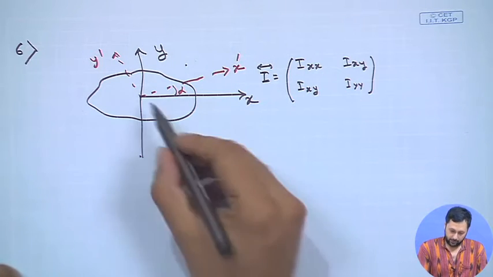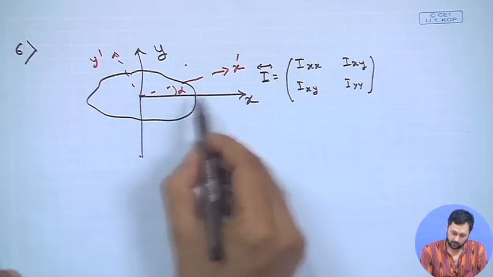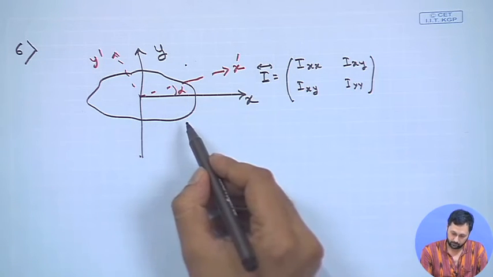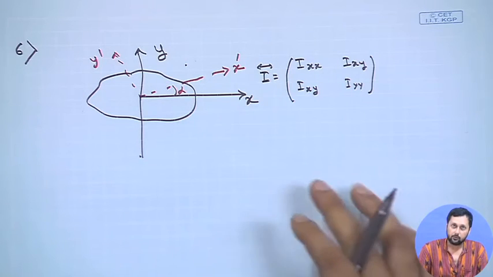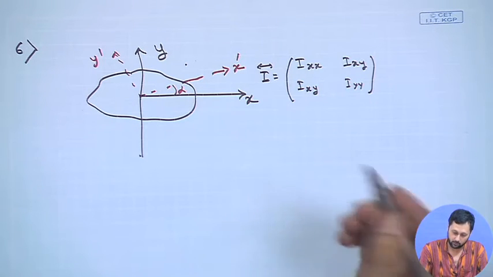Now we have to find out a new expression for I in the new coordinate system. Okay. And if you remember, we discussed this in the class, and I have given you an idea on how to do this.